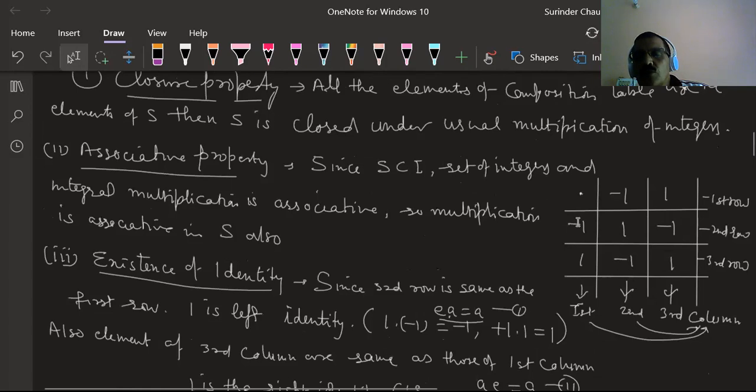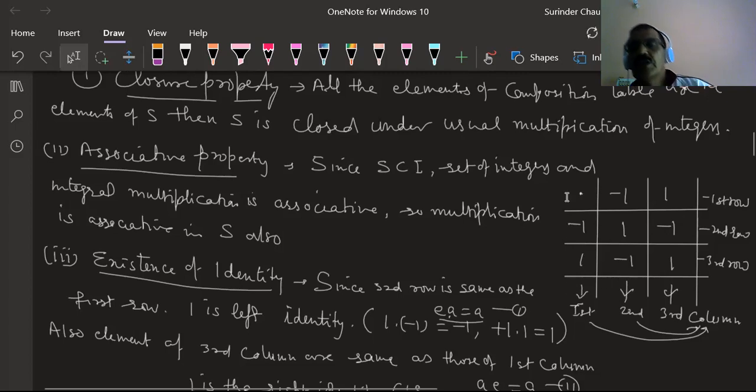The elements of this square array are symmetric about the diagonal, meaning a into b is equal to b into a. Similarly, minus 1 into 1 is equal to minus 1, and 1 into minus 1 is equal to minus 1. So a into b is equal to b into a.